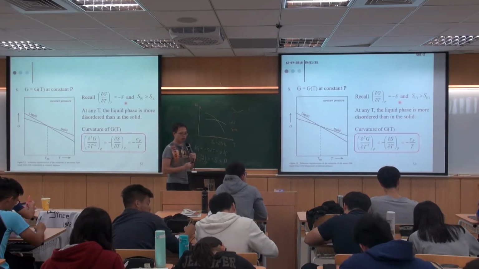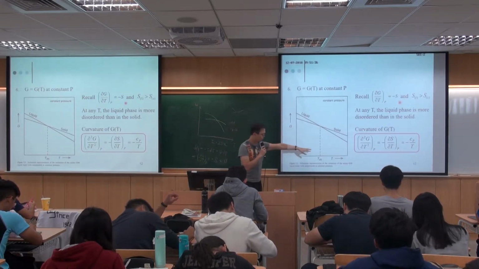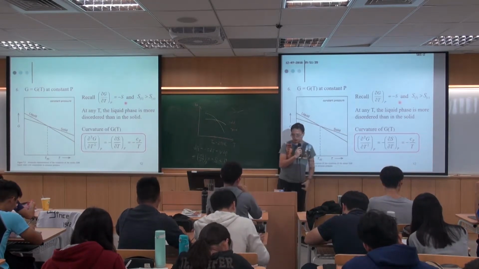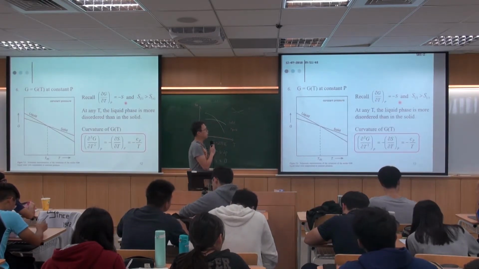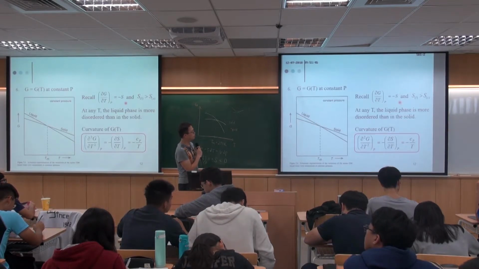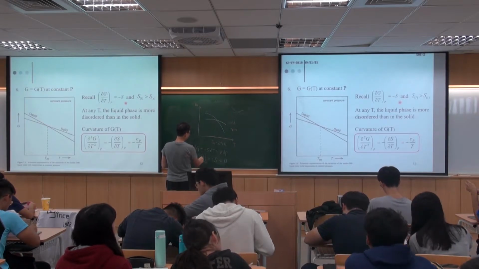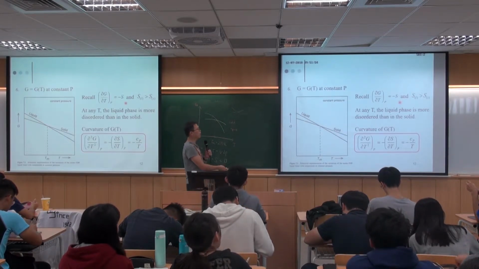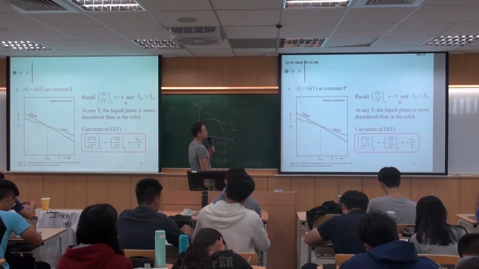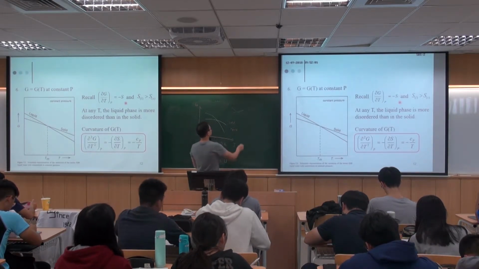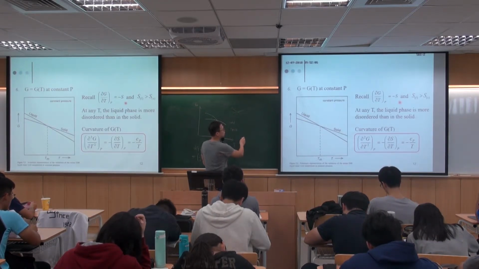Moreover, if we take the second derivative, partial G partial T, and then take the derivative against temperature again, it will become minus Cp over T. The reason is that if you take a derivative again, it's partial S partial T. I think I derived this before.